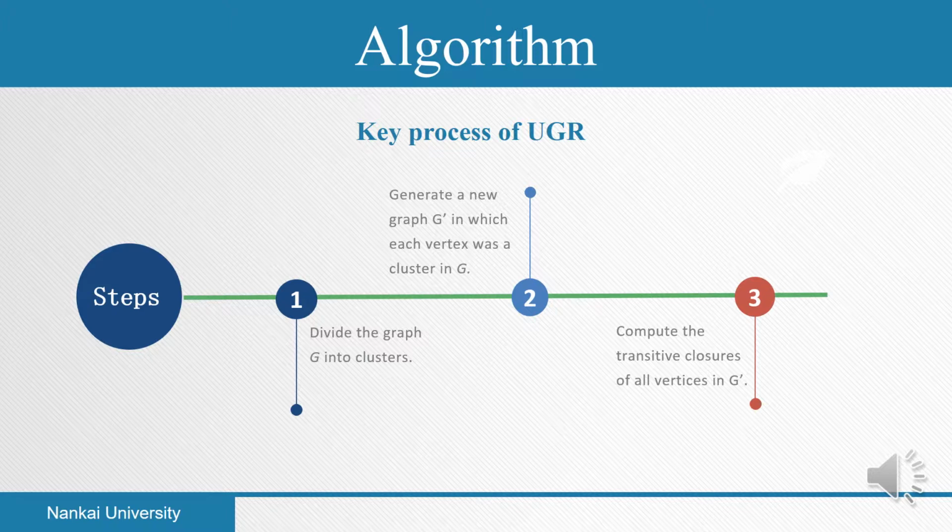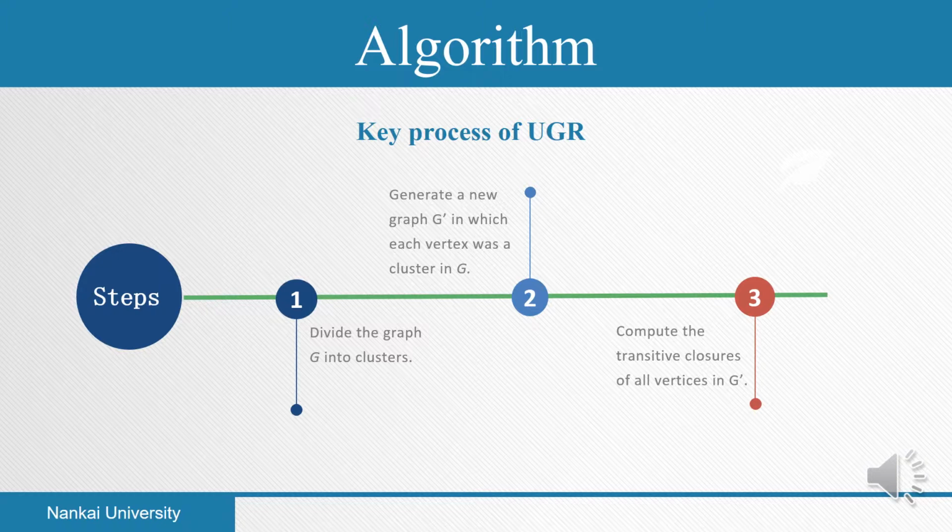In this paper, we propose an undirected graph reachability query algorithm, UGR, by integrating graph clustering algorithm with traditional search methods. The key process of UGR is as follows.